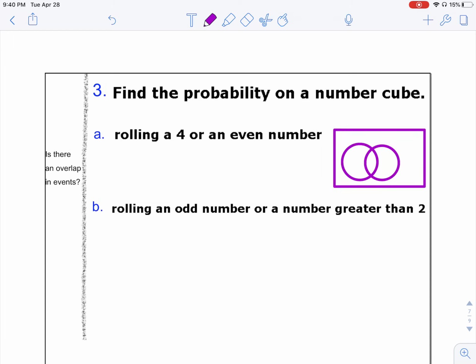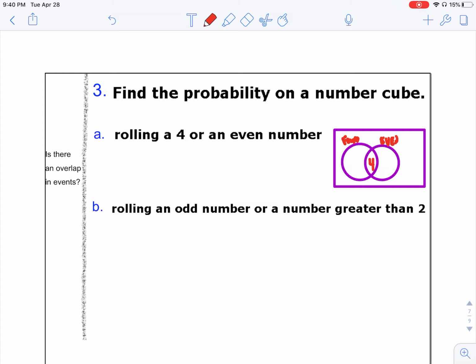All right, so rolling a 4 or an even number. Are they inclusive or mutually exclusive? They are inclusive. Because they're inclusive, that means there is an overlap, so we need to determine that first. Rolling a 4 only has one outcome. So rolling a 4 or rolling an even, the one element that is in both is the 4.